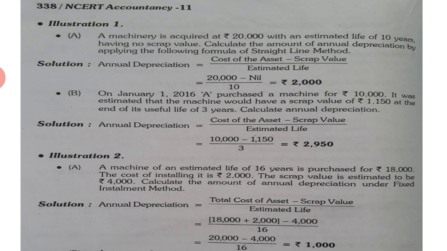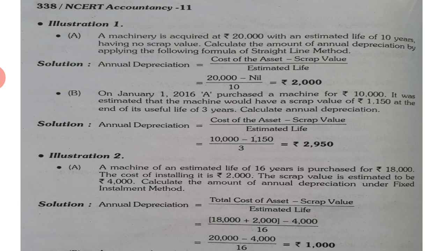You see another example. Machine was purchased, it has got an estimated life of 16 years, was purchased for rupees 18,000 and cost of installation is rupees 2,000. So as I said that all the overhead charges including transportation, freight, installation, etc. should be added to the cost of purchase to get the actual cost.